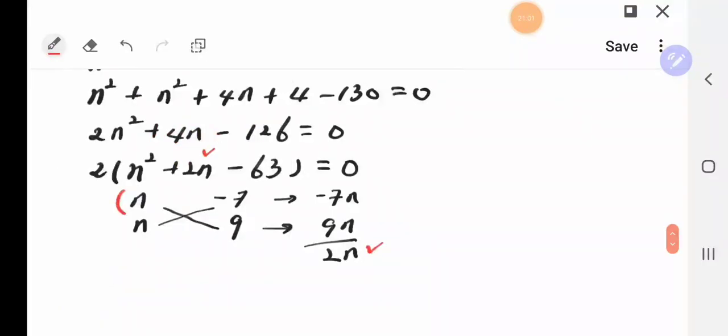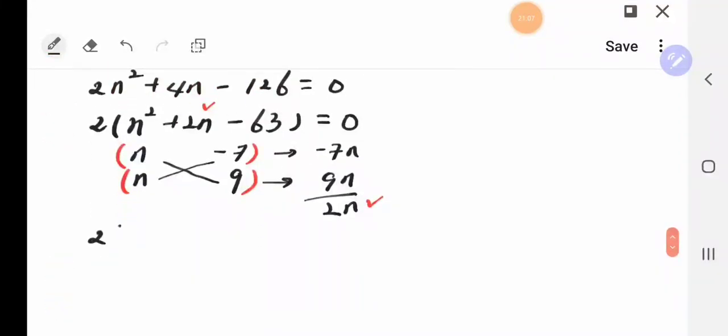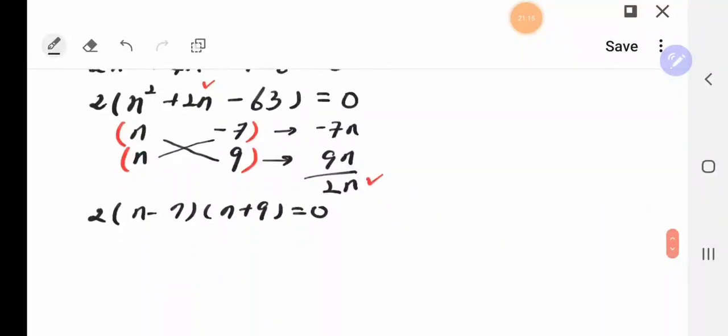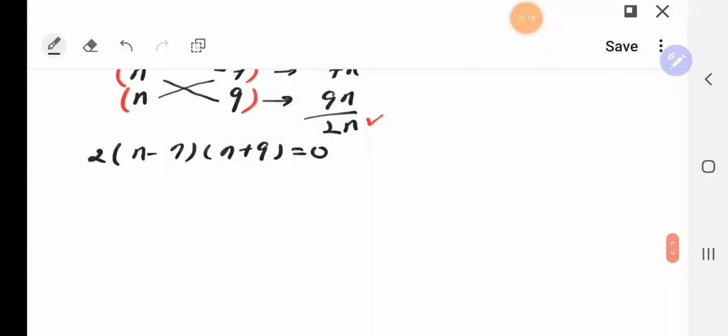So this trinomial is a product of these two binomials. If we rewrite it, then this will be 2 times (n minus 7)(n plus 9) is equal to 0. Okay, keep going. We want to find the values of n. So set each factor equal to 0.